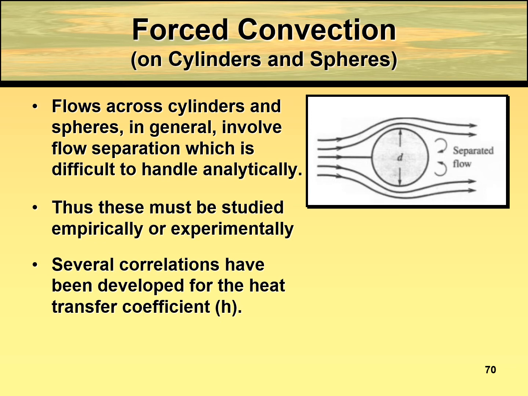So we're going to analyze here the flow passing through cylinders, spheres, and some other cross-section shapes like hexagons and rectangles. Flow across cylinders and spheres in general involves flow separation, which is difficult to handle analytically. So if you're going to derive it, it's going to be a long derivation.